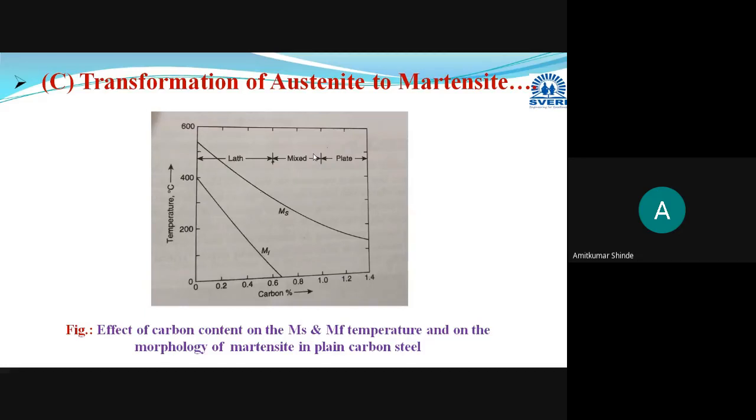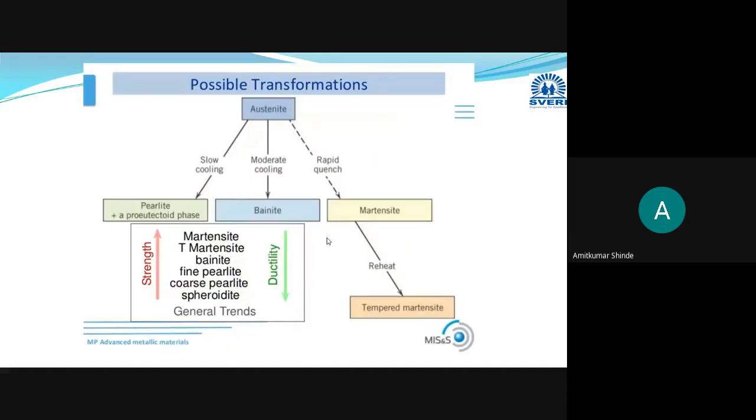Depending on the percentage of carbon, different martensite appearances will be there, classified as lath martensite, mixed martensite, and plate martensite. In this way, transformation of austenite to martensite will occur. This is the short summary at the end.